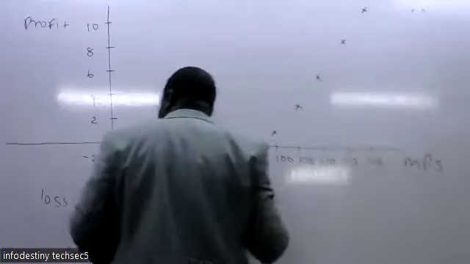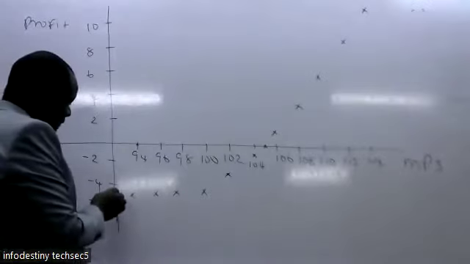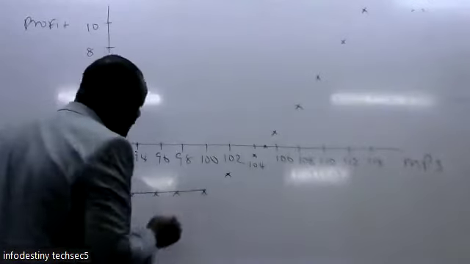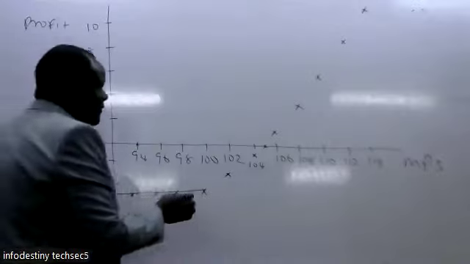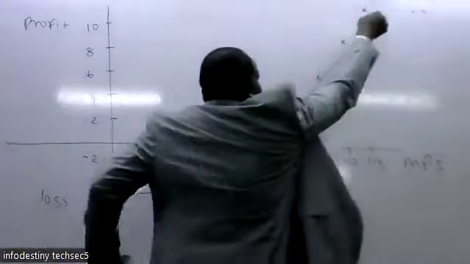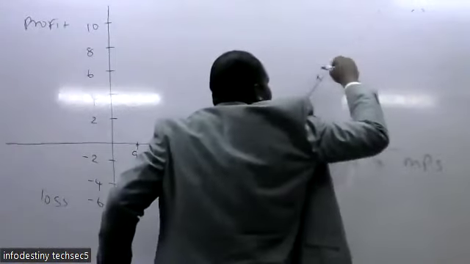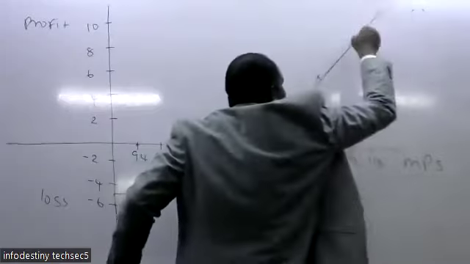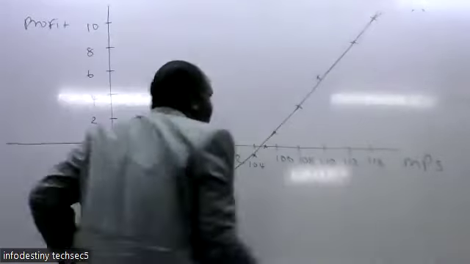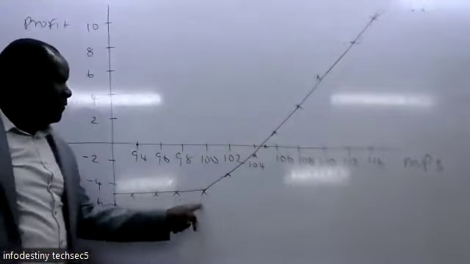So that graph, you just join it using the ruler. It is linear. Mine is not on scale, but it must be linear. You use a ruler to join them. From there to there, so you use a ruler.